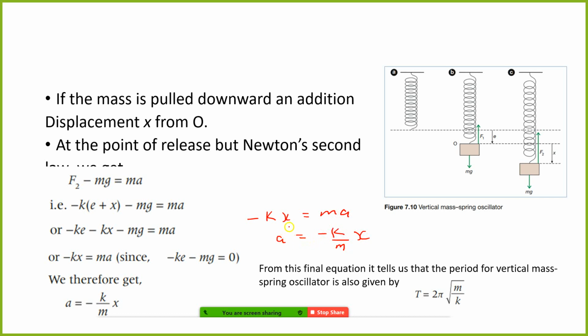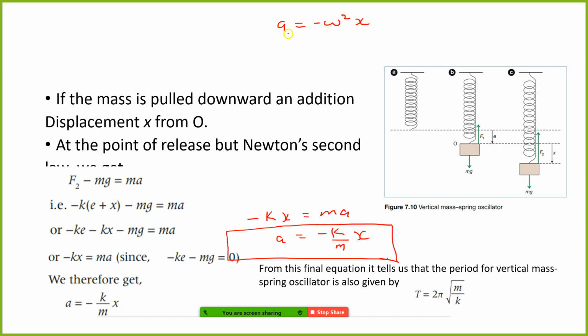This is very important because what this is going to show us is that this acceleration is related to the acceleration for when something is undergoing simple harmonic motion. Whenever something is undergoing simple harmonic motion, there's an equation that says a is equal to minus omega squared times x.